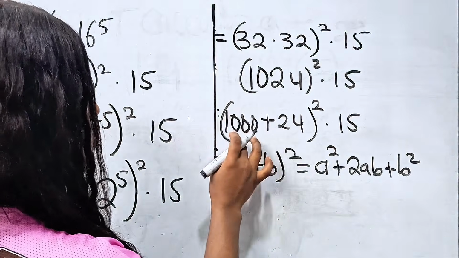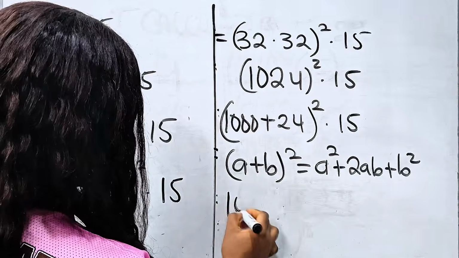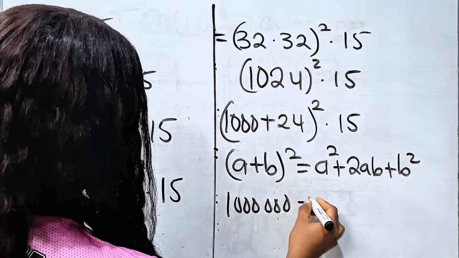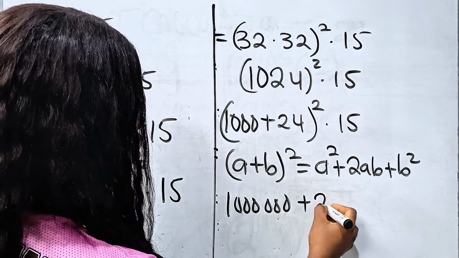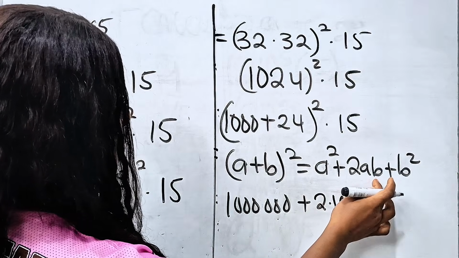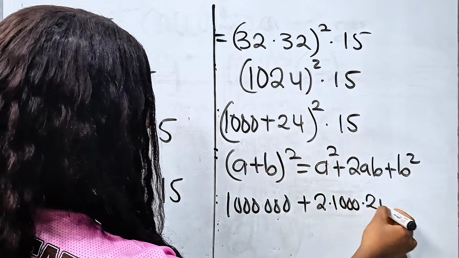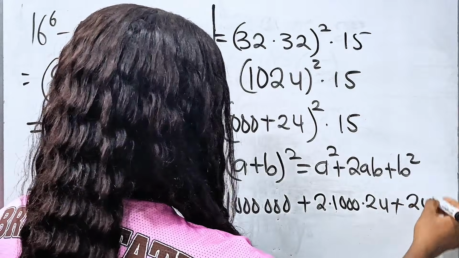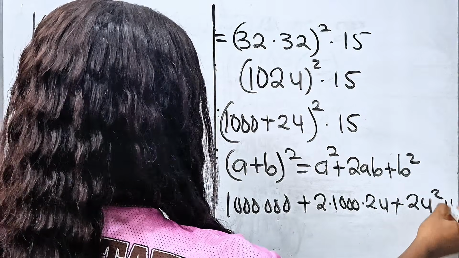So I can write this as 1000 squared, which is 1000, add another 3 zeros, right? Plus 2 multiplied by a, which is 1000, multiplied by b, which is 24. Then plus b squared, that is 24 squared. Then multiplied by 15.